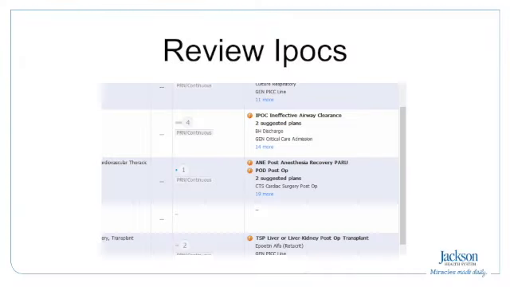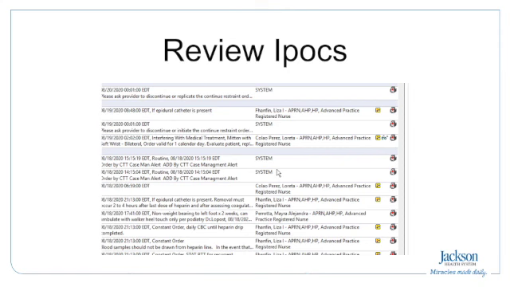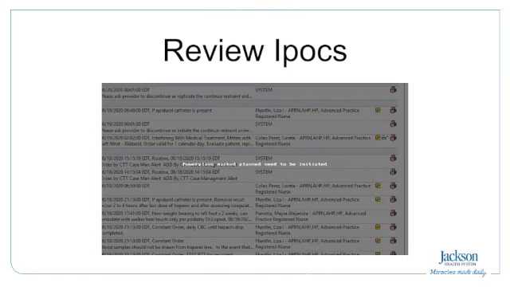So if you go back to your Care Compass all the way to the right, you're going to see little yellow exclamation points, and that means there's either an IPOC or a power plan that needs to be addressed. You can click on each one and it will take you directly to your order sets, and this is where you address whether they need to be initiated or discontinued.